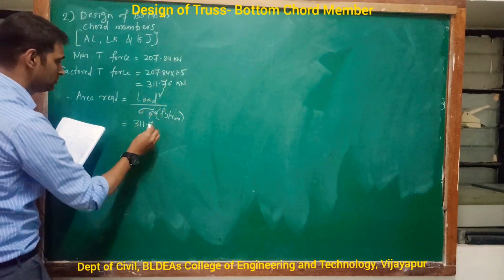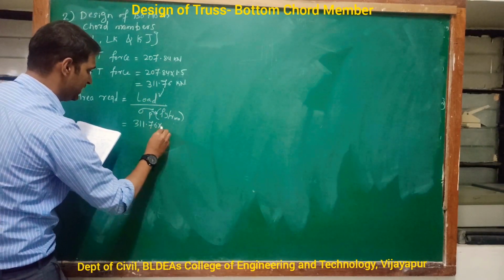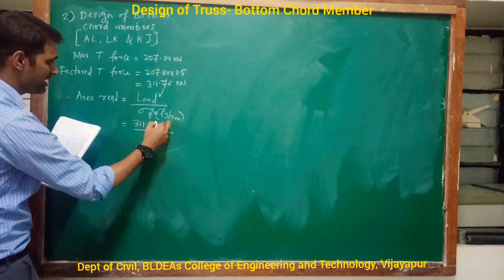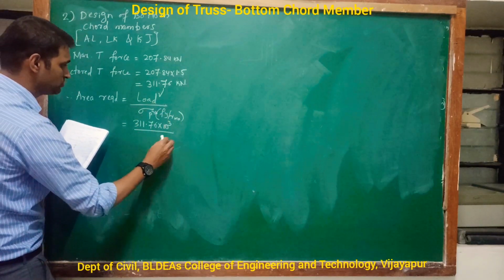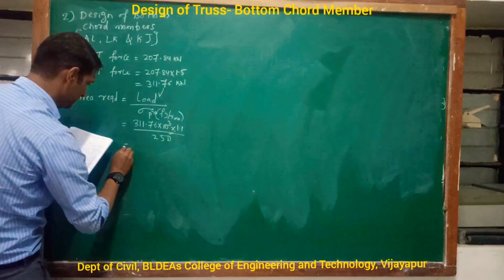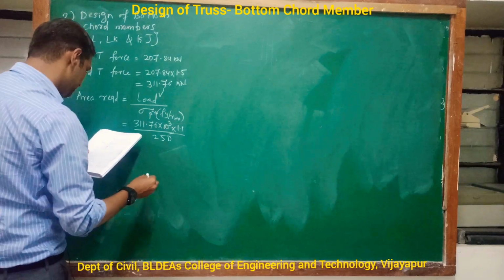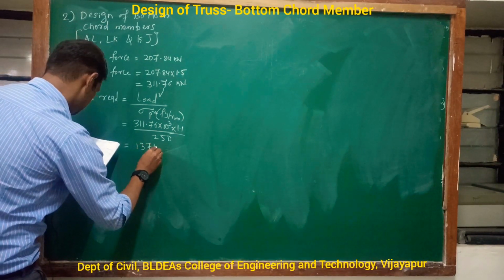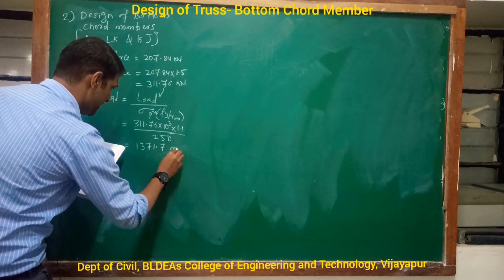Load is factored load, 311.76 into 10 to the power 3 to convert to Newton, and Fy is 250, gamma m naught will be 1.1, coming to the numerator, divided by 250. So area required will be 1371.7 square mm.